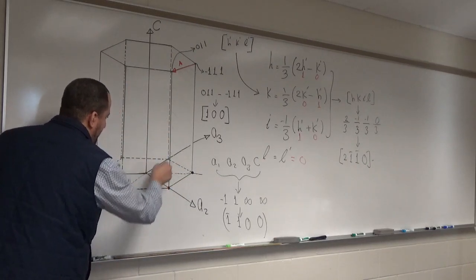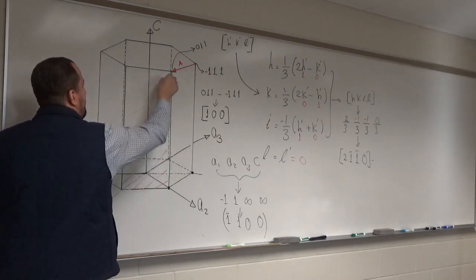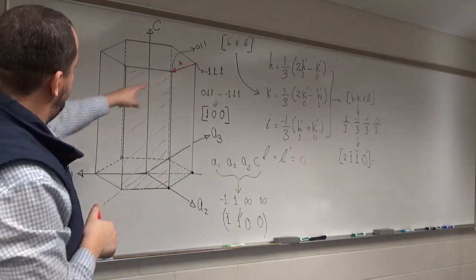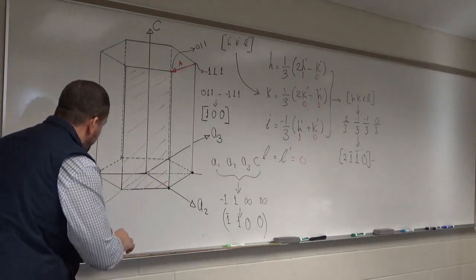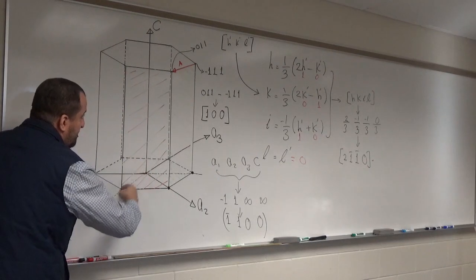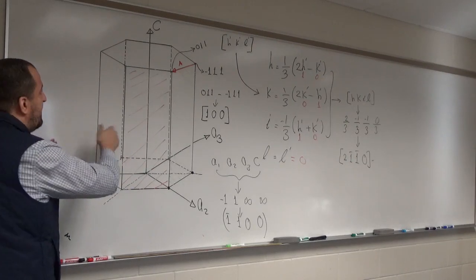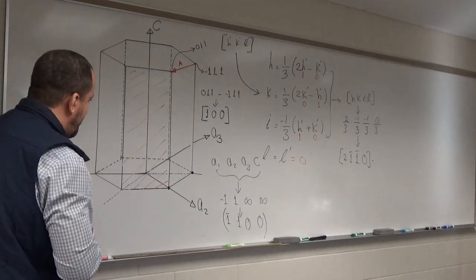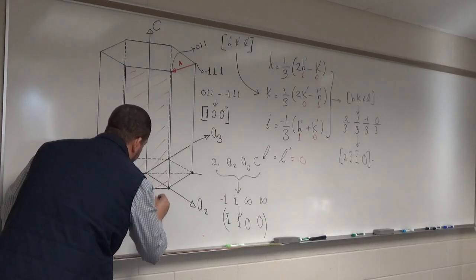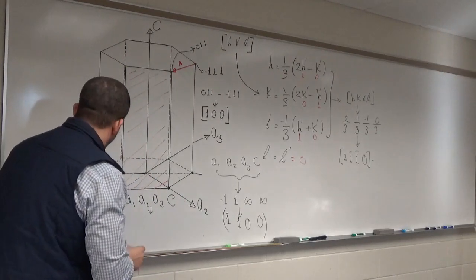So I can give this surface a different color. Maybe I can do this. That will destroy the figure, but I think we can distinguish this surface from the other one. So we have here 1 from A2, -1 from A3, and we have infinity from A1, and infinity from C. So I will do that: A1, A2, A3, and C. So let's see, what do we have?